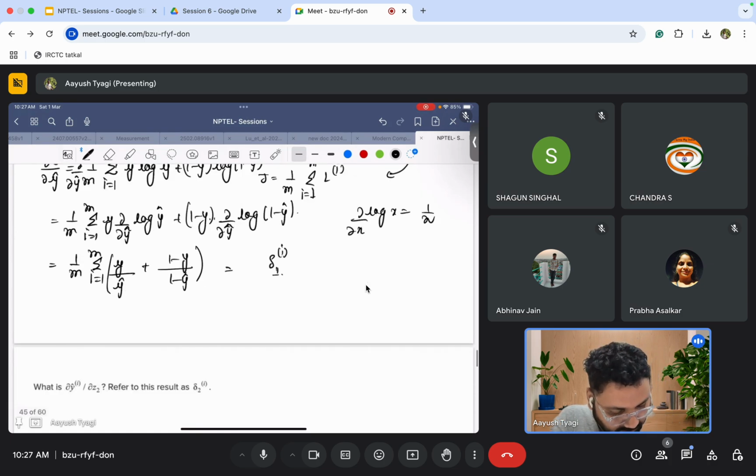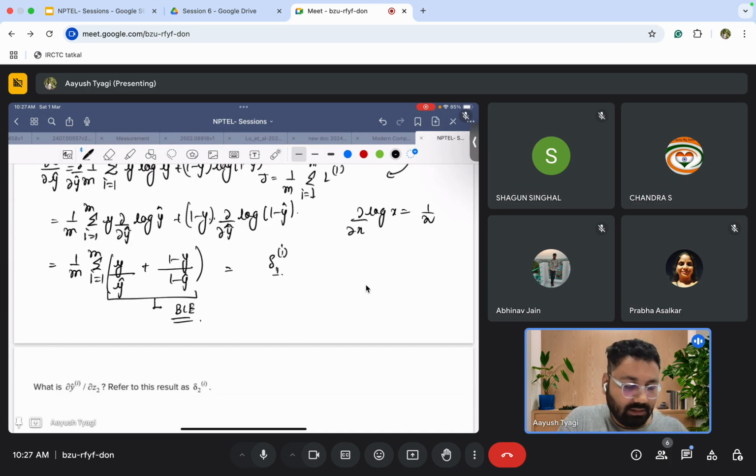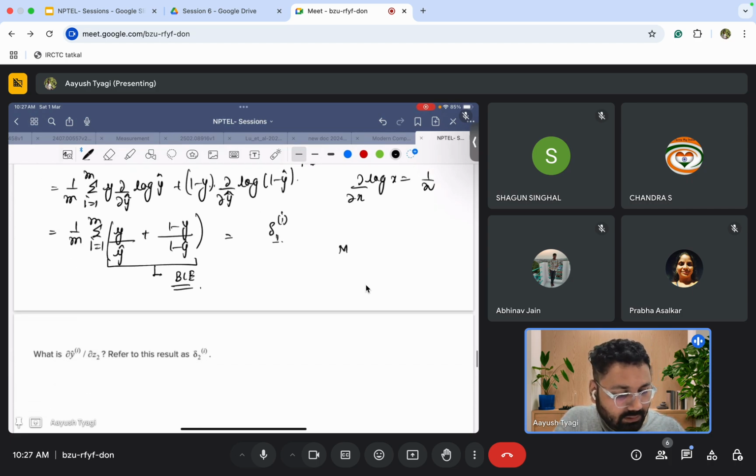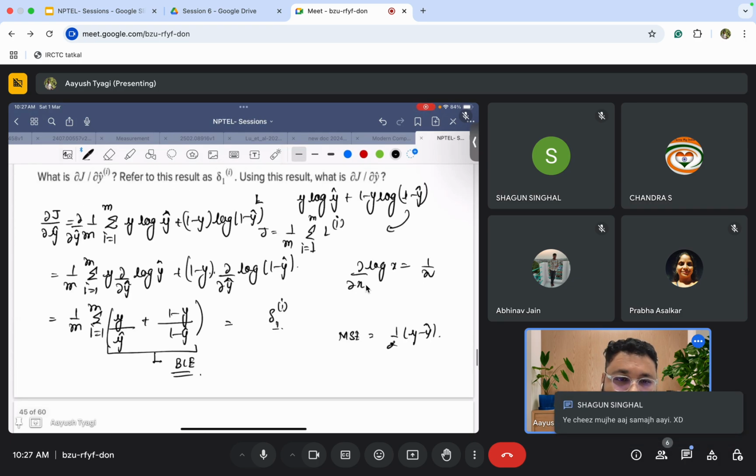So this is basically the derivative of BCE. And if you remember, for mean squared error, it's 1 by 2 of y minus y hat, some sort of this. Does it make sense? Anyone, any doubt?